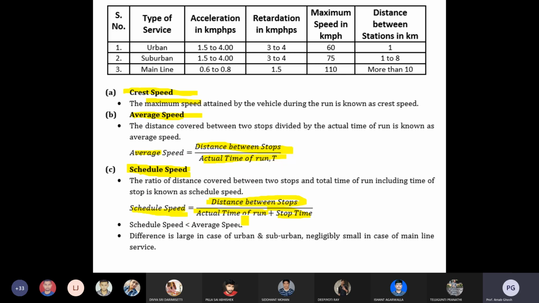If the denominator is more in schedule speed, then the value of schedule speed is definitely less than average speed. That's why it is written that schedule speed is always less than average speed.